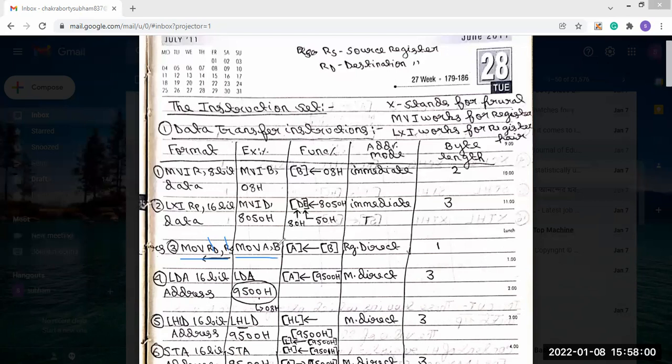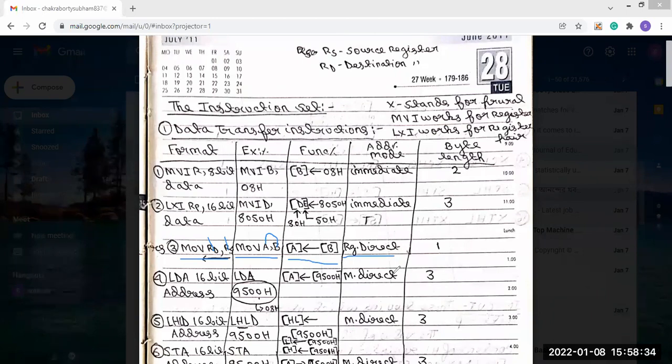That means the content of B will be moved to A. So the function will look like this. Now, we have already mentioned that if it is from a source register to a destination register, or any register is mentioned, in that case we call that addressing mode the register direct addressing mode.